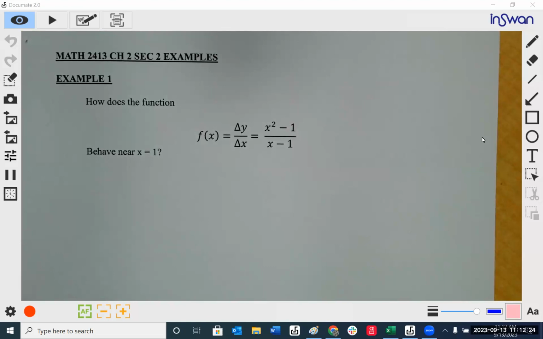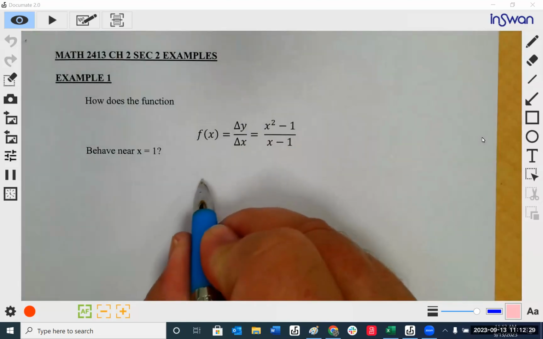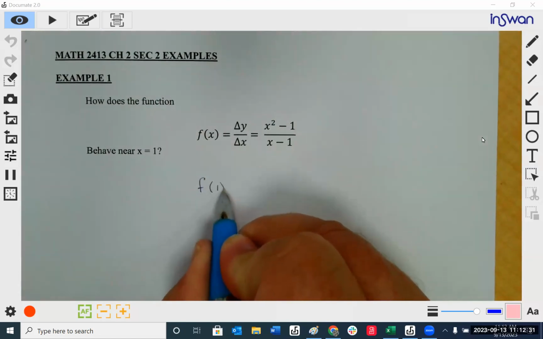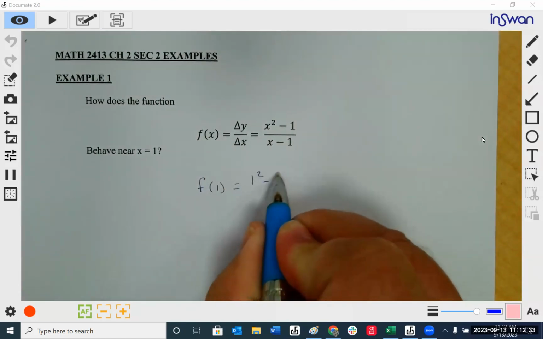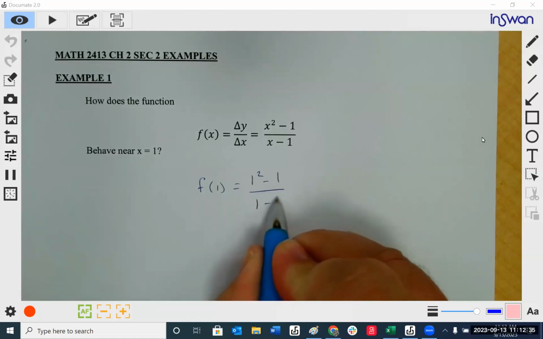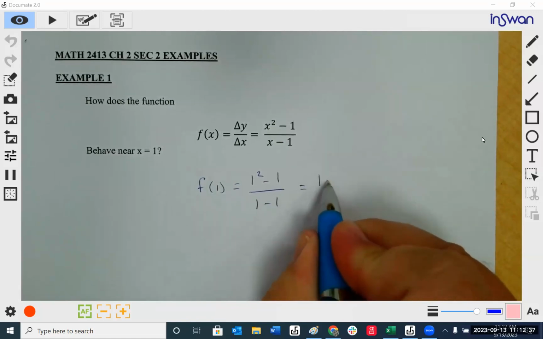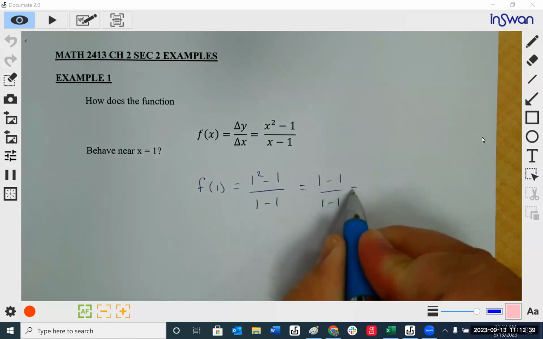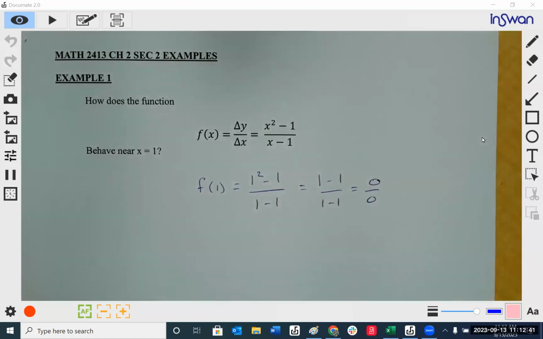Let's see what happens here. Actually, that does find something. 0 over 0 is not a valid value.